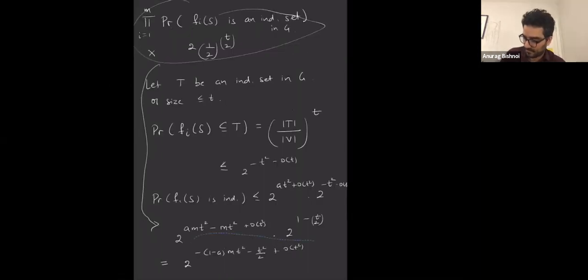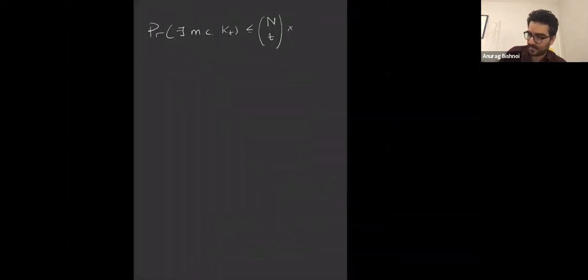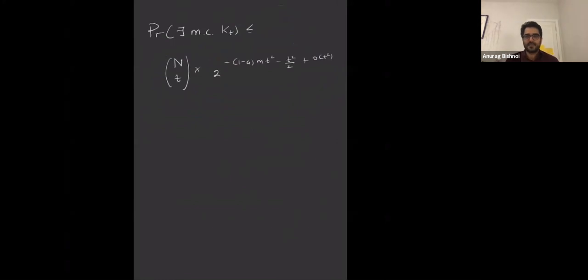This is just the number of choices of S multiplied by this thing here, right? So finally, that's the probability we have.